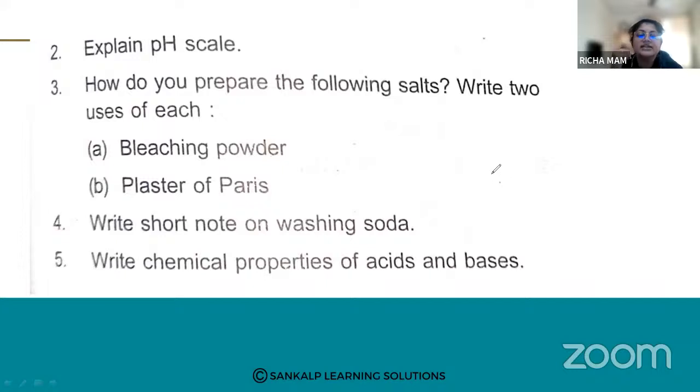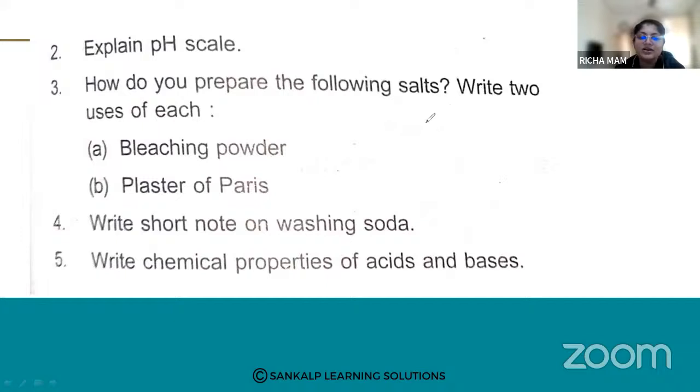Acids conduct electricity and are highly corrosive in nature. When acids react with metal, they release hydrogen gas. When you put acids in water, they produce H+ ions and conduct electricity.